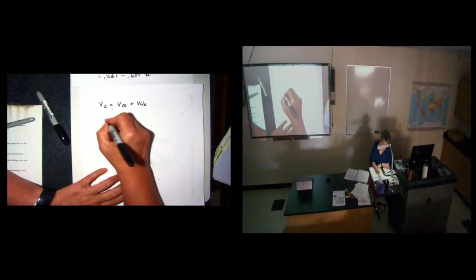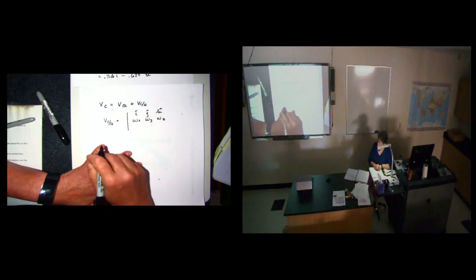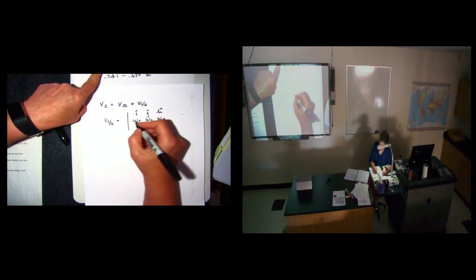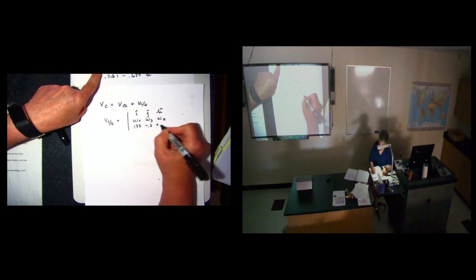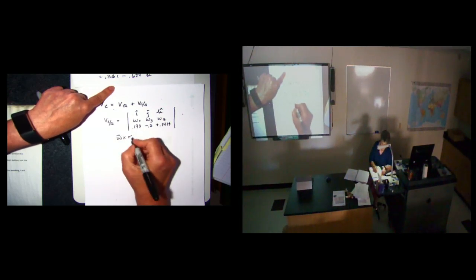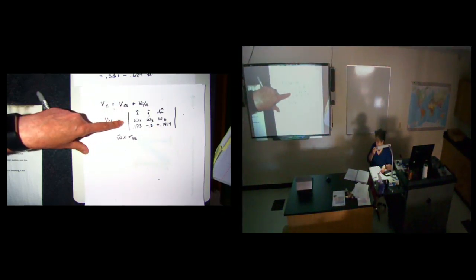And I'm going to write out my VCQ in vector notation: I, J, K, omega in the X, omega in the Y, omega in the Z. And I've got to use my RQC, which is my 0.173, my minus 0.2, my plus 0.1414. This is just omega cross RQC in its determinant form.